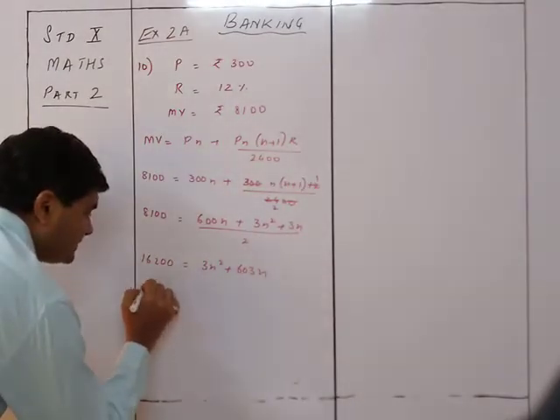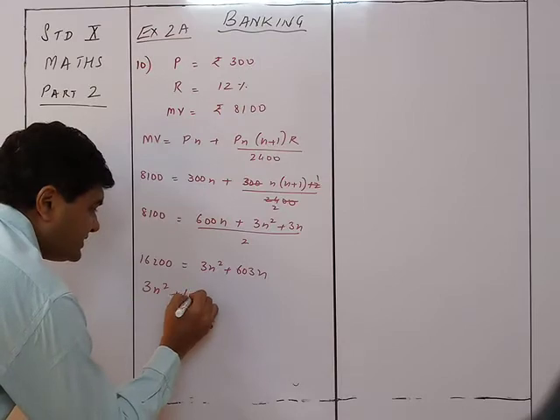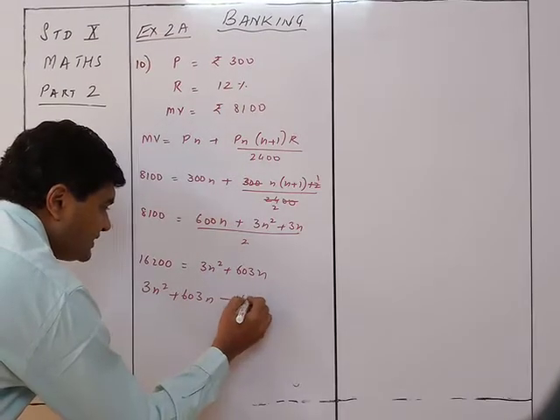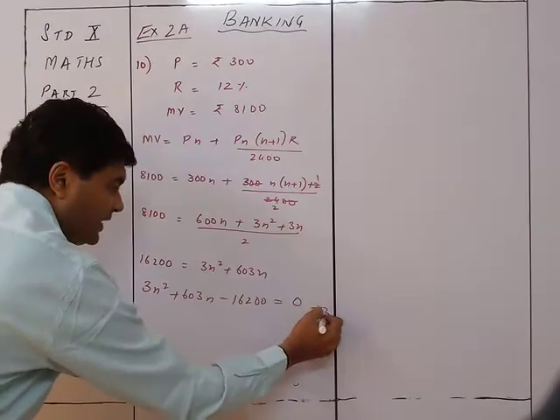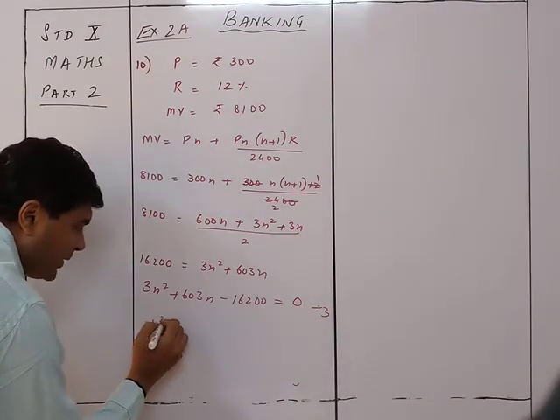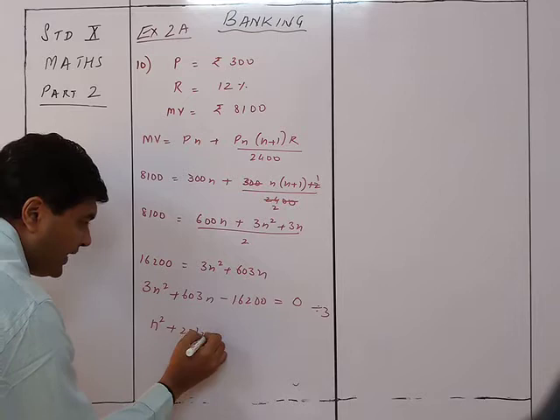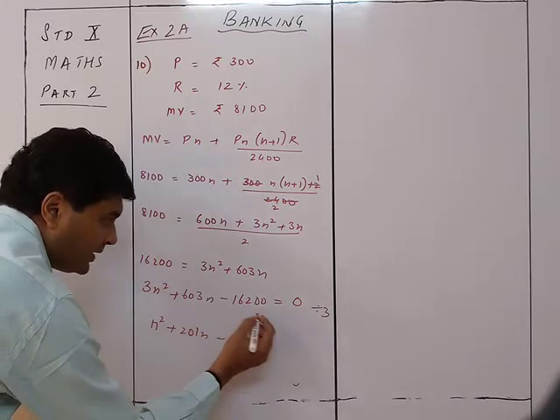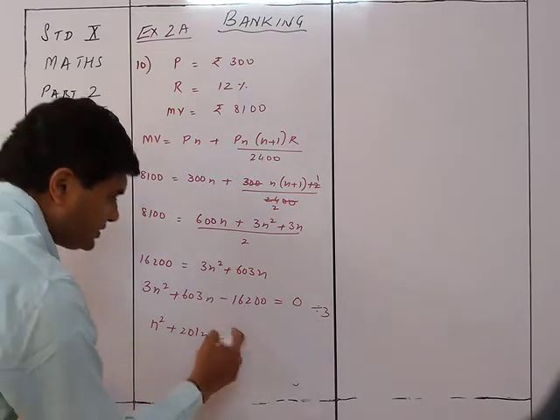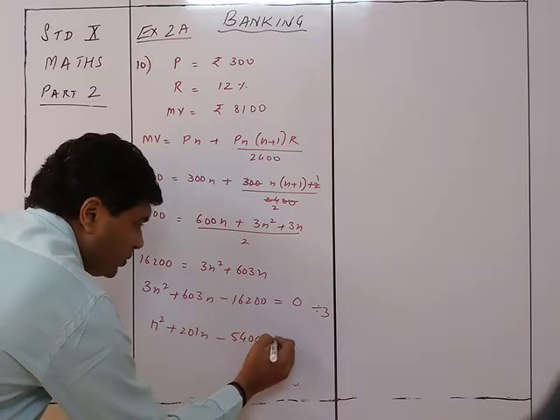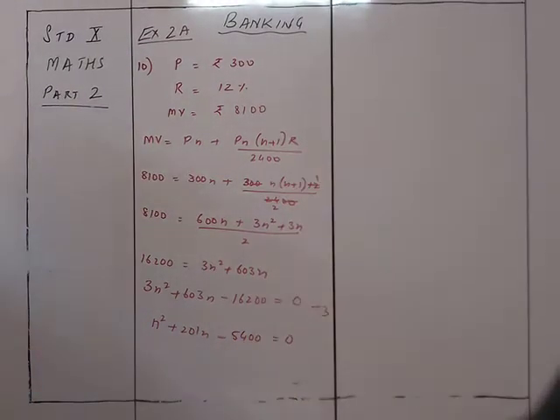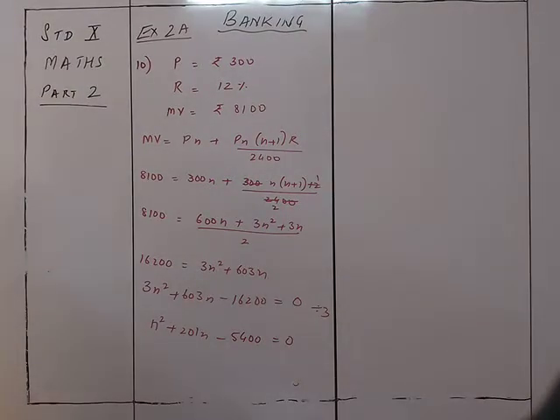According to the equation, 3n square plus 603n minus 16200 is equals to 0. You can divide it by 3, you get n square plus 201n minus 5400 is equals to 0. Got it? So here we are with the thing.